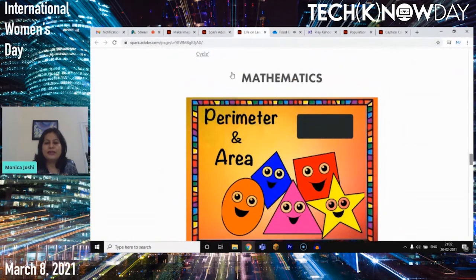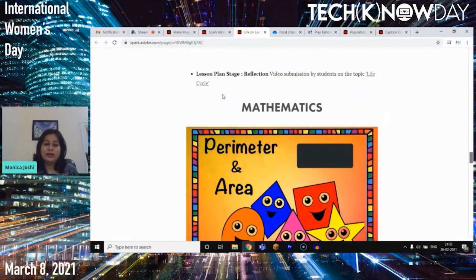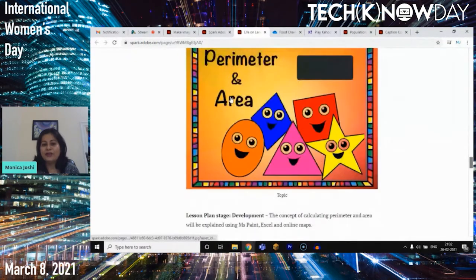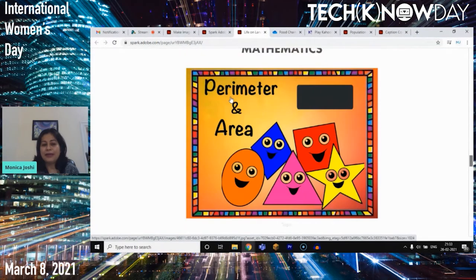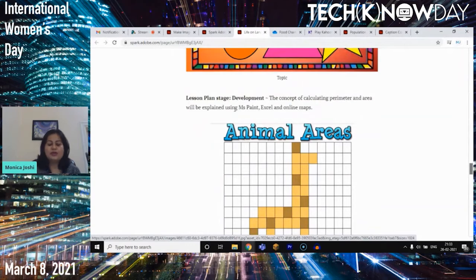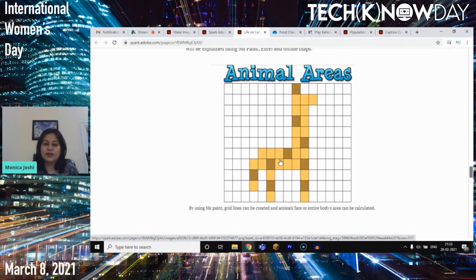So beautifully, I have explained the life cycle with a small presentation. And I will be coming now to the area and perimeter. So I used a paintbrush to explain the area and perimeter of this beautiful picture. This is a giraffe. So I colored it in the paintbrush and then calculated the perimeter.